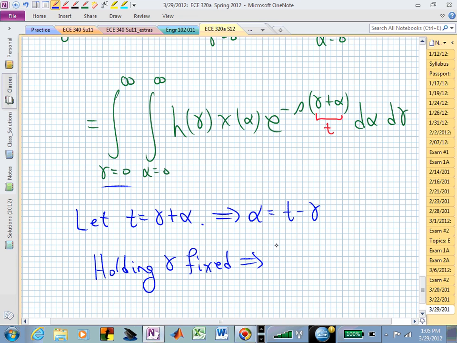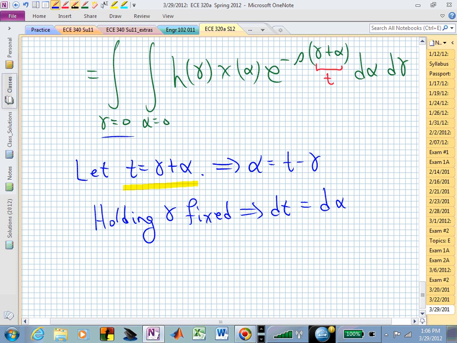Then what happens when we take the derivative of this t expression right here? If we differentiate that and gamma is fixed, then the right-hand side doesn't vary with gamma. We're taking d by dt of gamma plus alpha. It's just going to be d alpha. So now whenever we have d alpha, that's the same in this inside piece as dt.